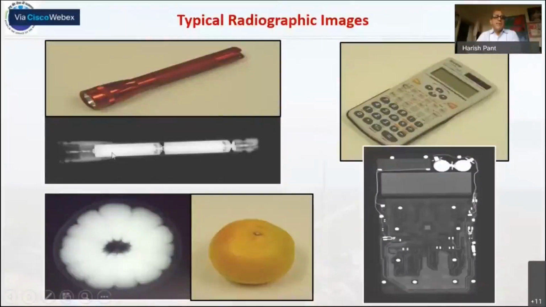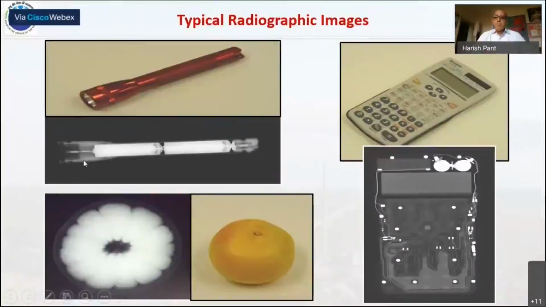Here there is very little exposure because there is high density material in this section of the torch, and here the film is blackened more, so there is more transmission of the radiation, and the film will be more black.